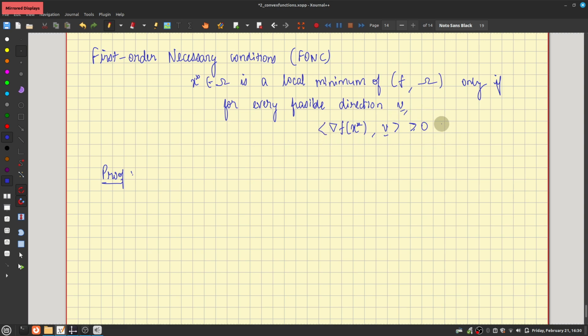If this is true, it's not guaranteed that it's a local minimum. It's only a necessary condition. So assume there is one direction in which it's expensive. Therefore, it's not.